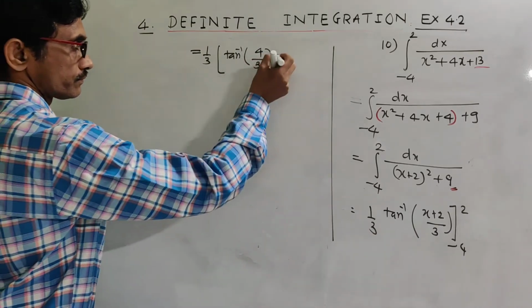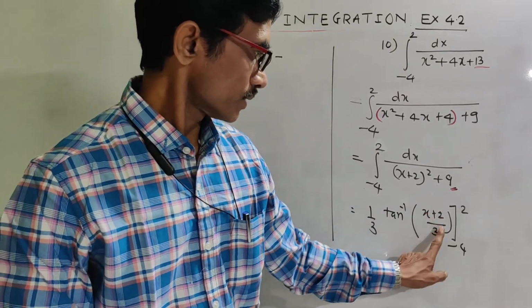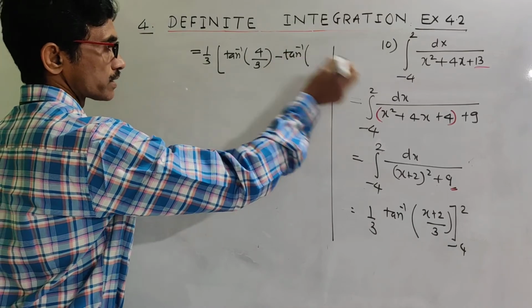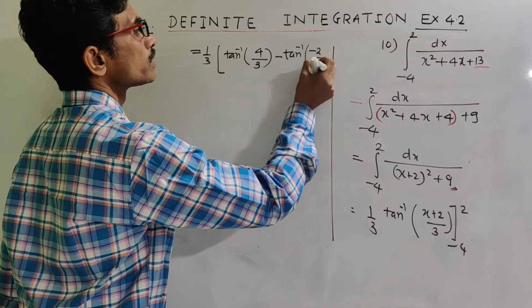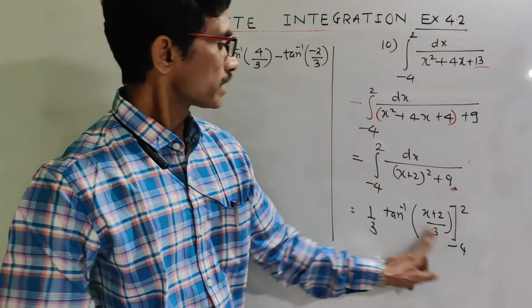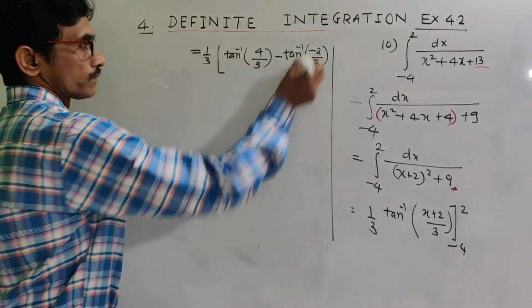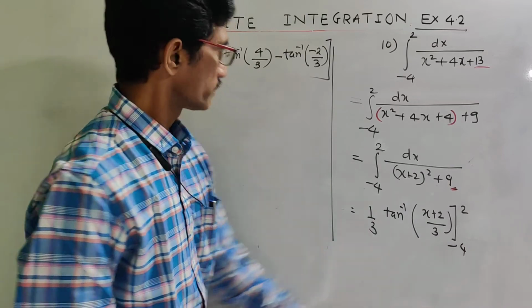Minus the lower limit, which is minus 4, so minus 4 plus 2, that is minus 2: tan inverse of minus 2 upon 3. Upper limit is 2, lower limit is minus 4.